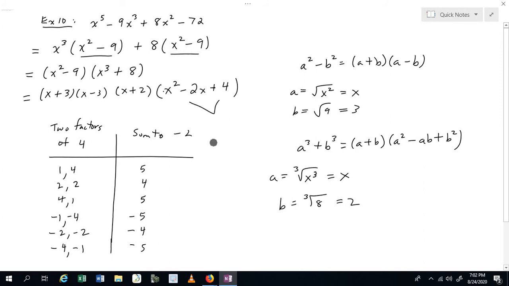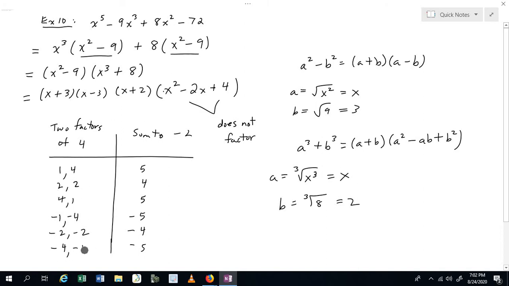Okay, and we haven't talked about that a lot. Not every trinomial factors. Okay, and this happens to be a case where the trinomial does not factor. Okay, but you'll only know that if you exhaust every possible case over here.